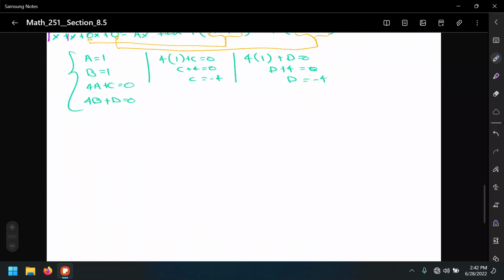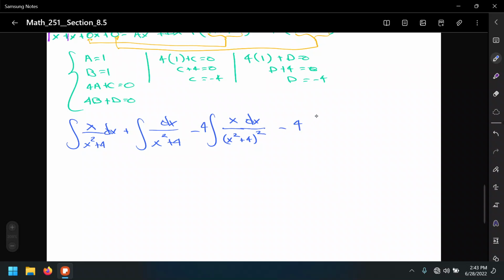So let me split this integral the following way. That's the integral of x over x squared plus 4, plus the integral of simply 1 over x squared plus 4, actually I'm going to write that as negative 4 times the integral of x over x squared plus 4 squared dx, minus 4 times the integral of dx over x squared plus 4 squared. 4 integrals that we're going to have a look at.